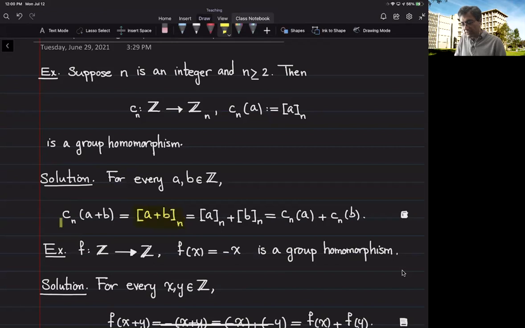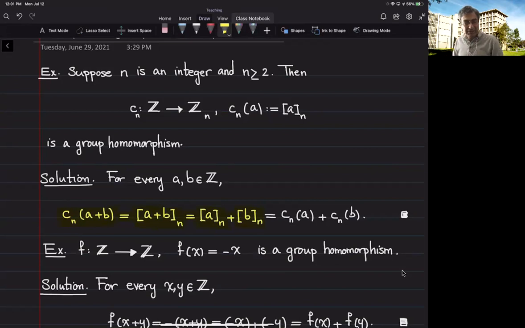This, again, C sub n of a plus b is this summation, this residue class. And then the way that we define addition in Z sub n, when I add the residue class that's represented by a to the residue class which is represented by b, we get the residue class that's represented by a plus b. We show that it's a well-defined operation.